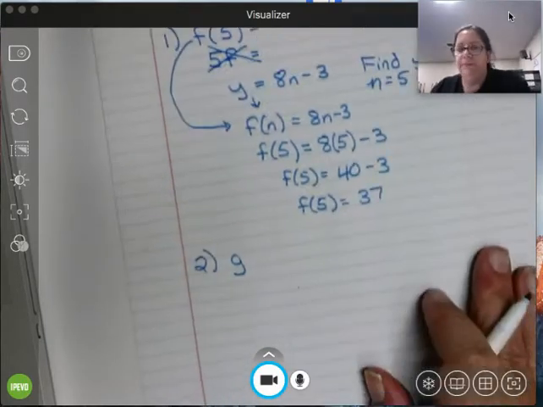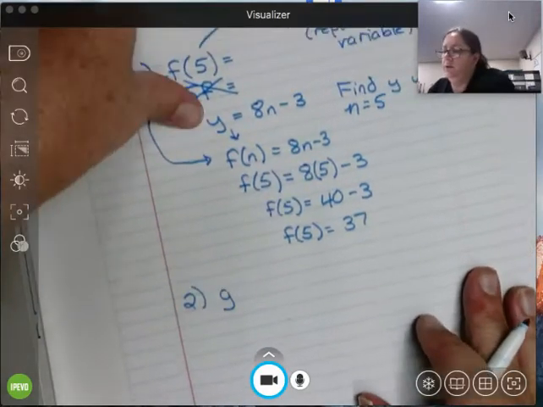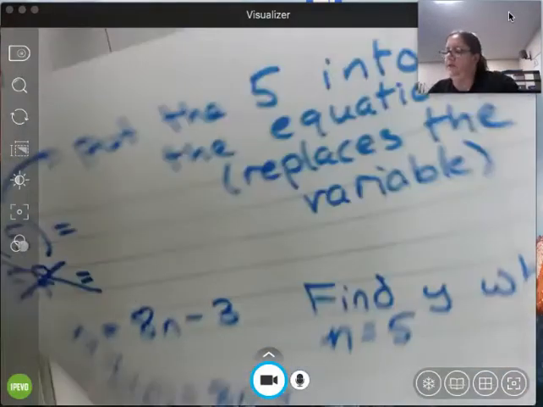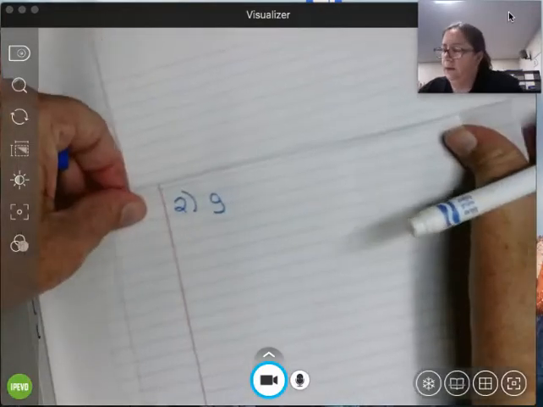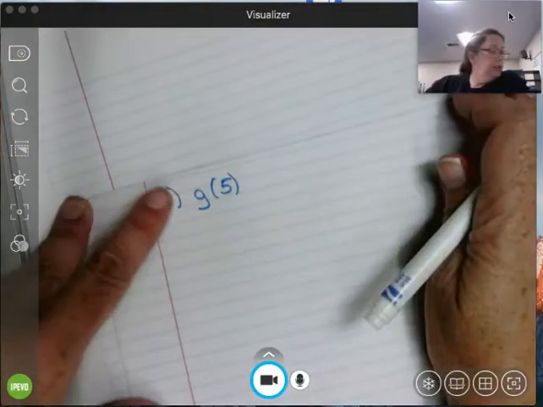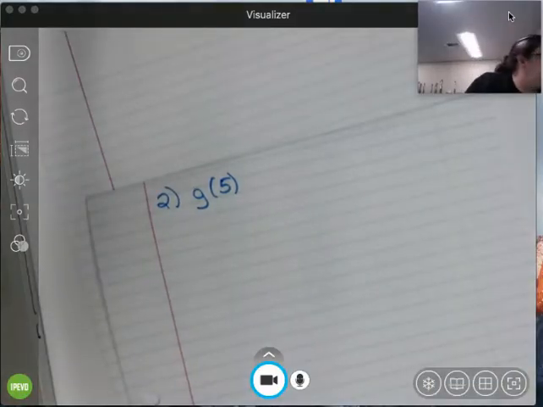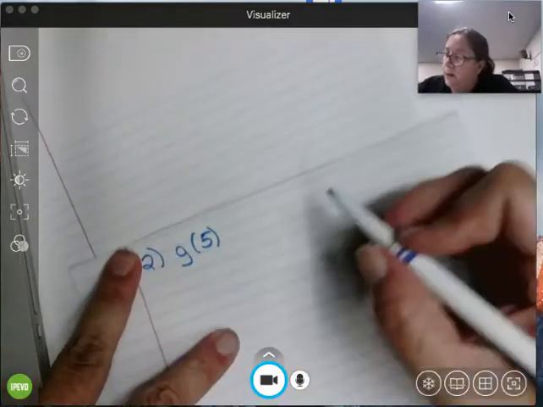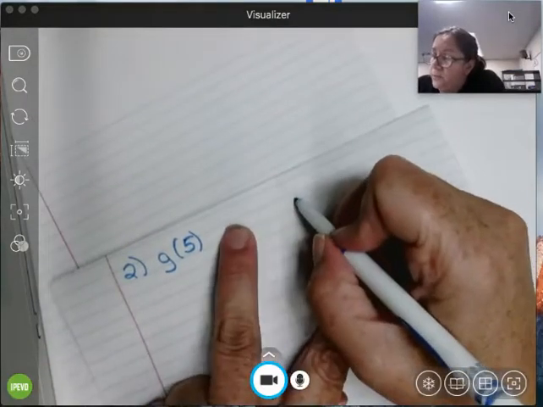Let's take a look at number 2, which asks us about g of 5. Now, if you didn't do this one or you did it wrong, I think you should pause right now and try it based on what we just did.